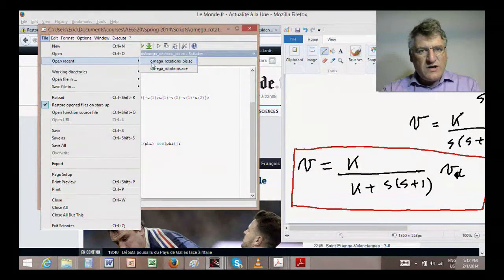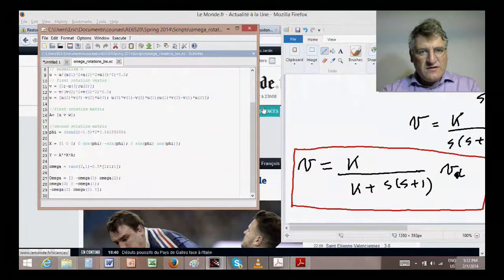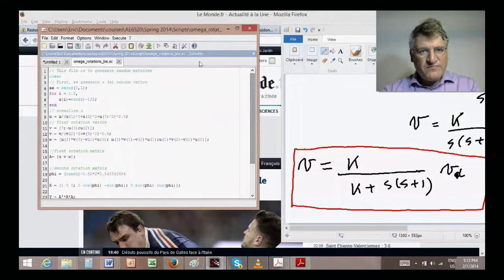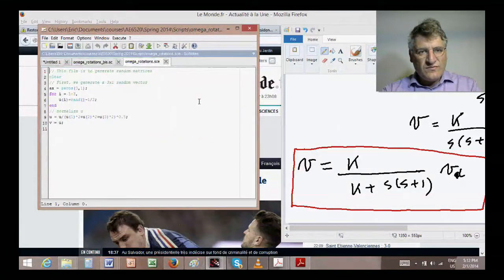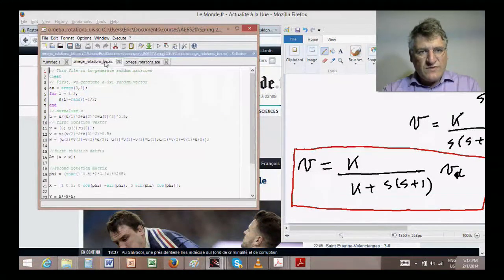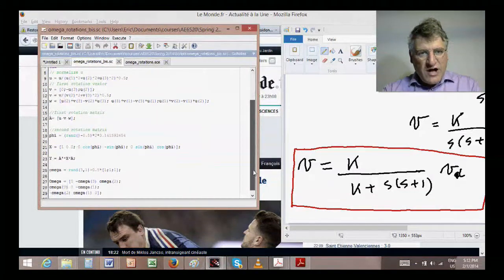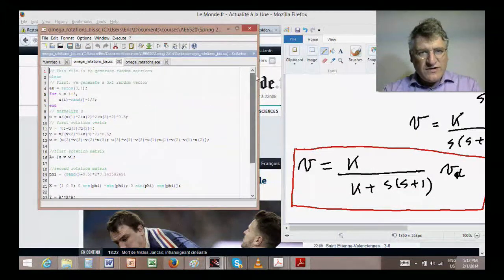Okay, so let's see. This is not the right one. For some reason I thought I had a plot function here, but it does not appear to be so.